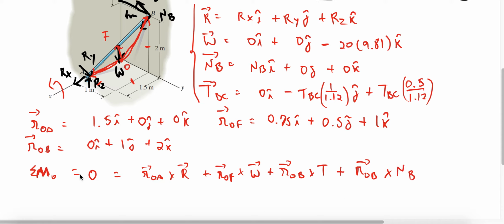The interesting thing is, because the point O is part of every single one of those axes, when I do this calculation and I do all 4 cross products and add them all up component by component, the answer of each i, j, k is actually, I'm missing some stuff.